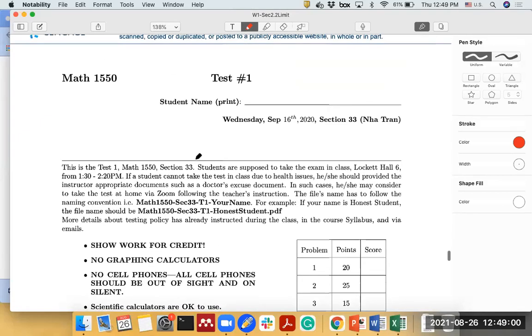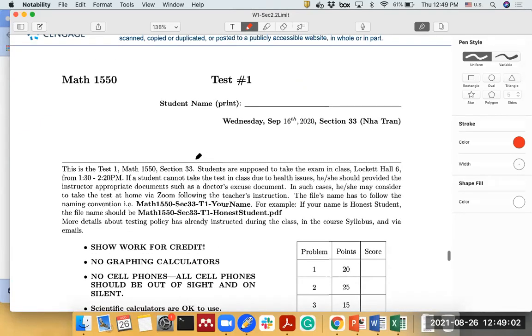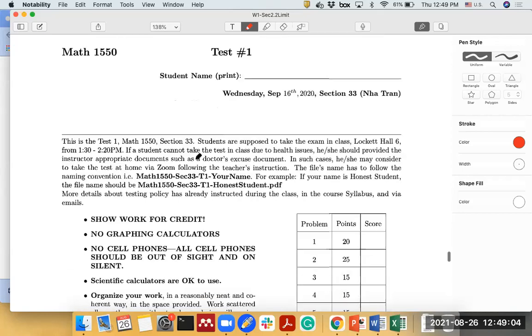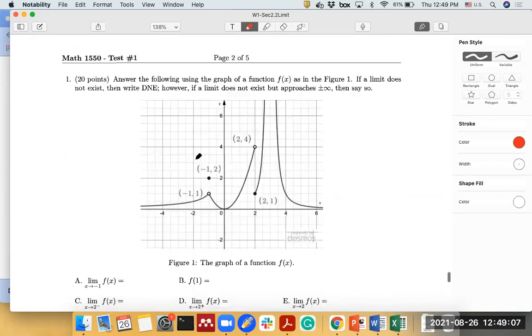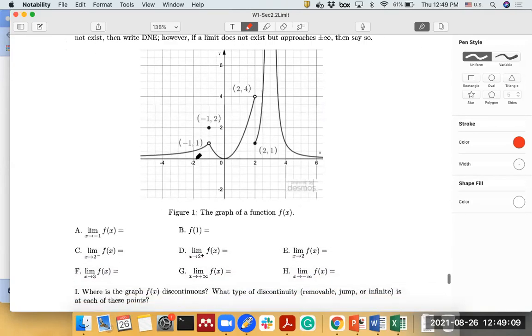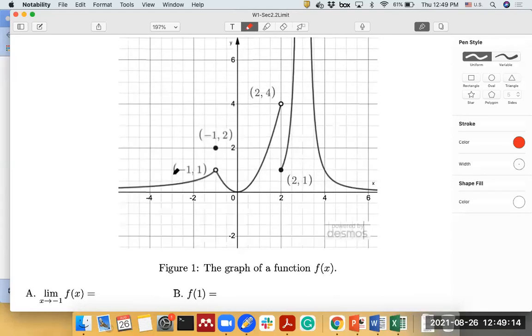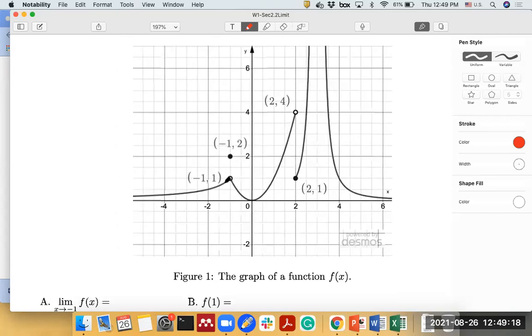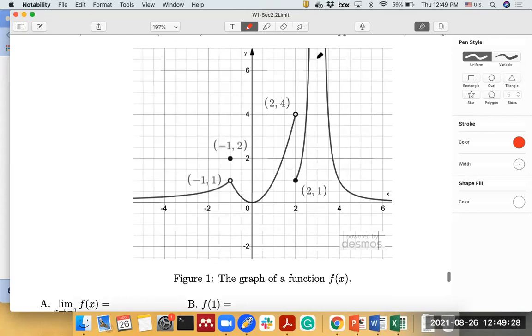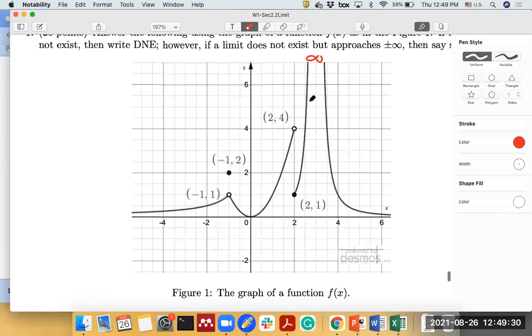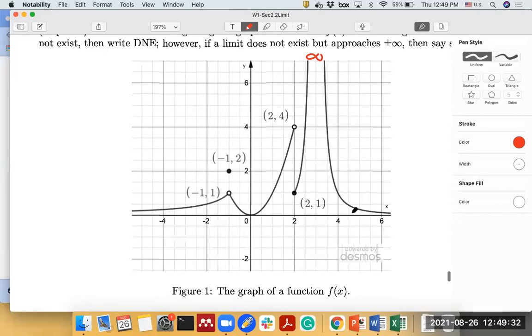This is the sample test I pushed on Moodle. You can check it. And this is the first question on it. Now help me with this. We're given the graph of the function like this, the black one here. Look at this. There's a hole right here and a dot right here. It continues like this. There's a hole here, a dot here. Continue going up, and imagine this is infinity here, and infinity here.